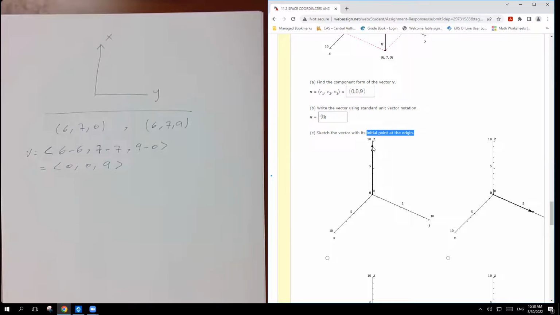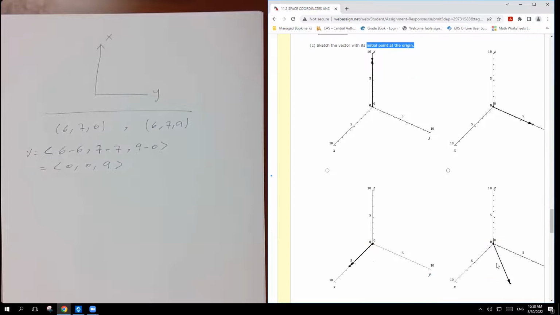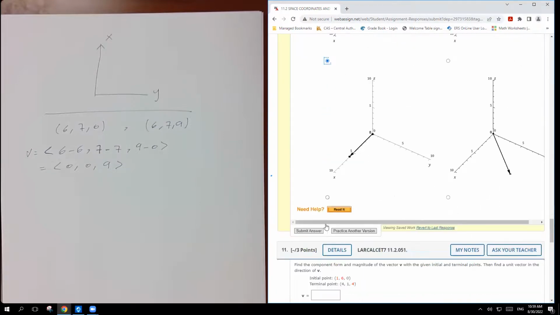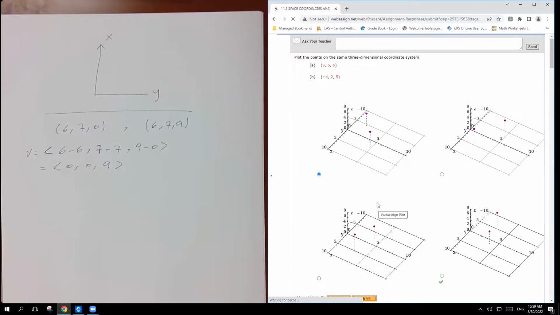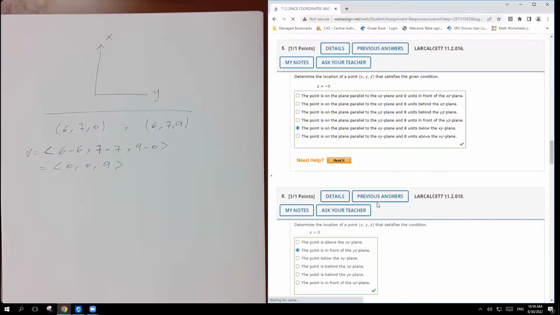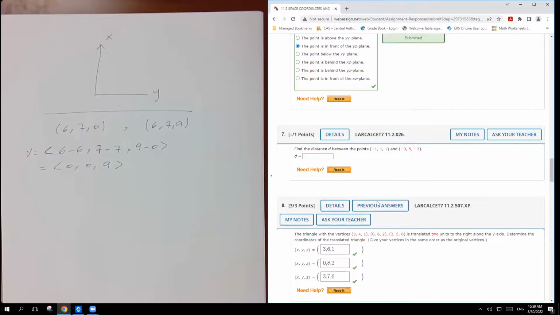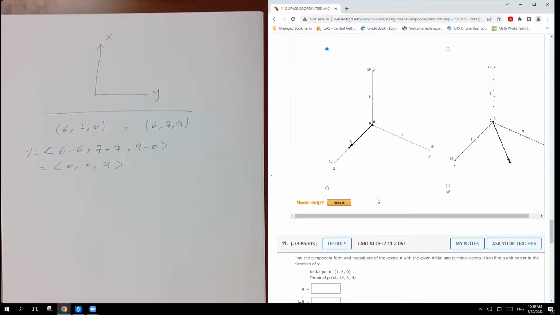So this one is wrong, this one is wrong, this one is wrong. Here's the right one, because there is no X and no Y, so it's only on the Z coordinate. We're done with this one.